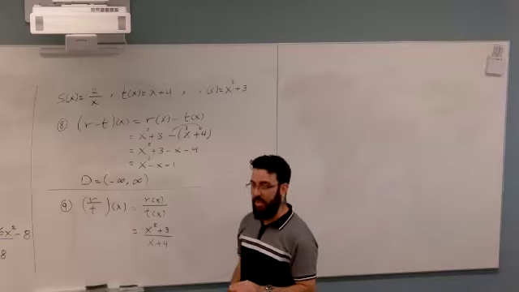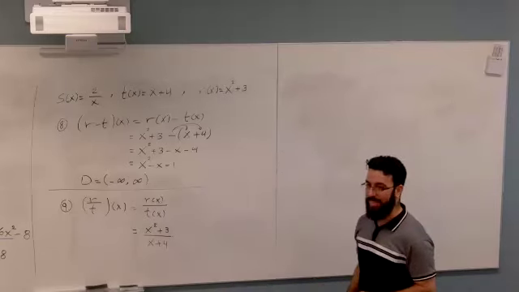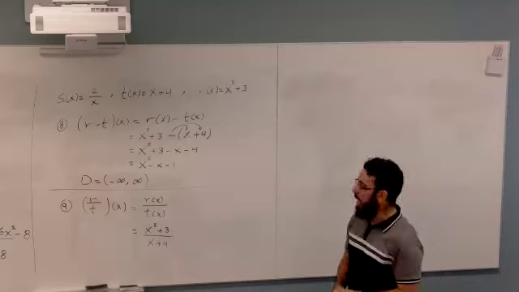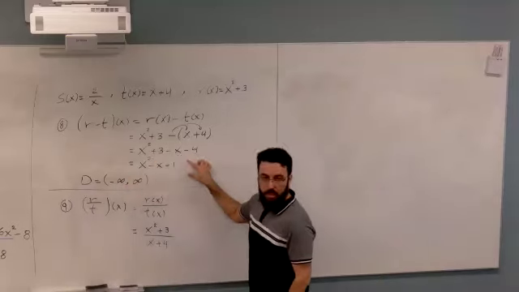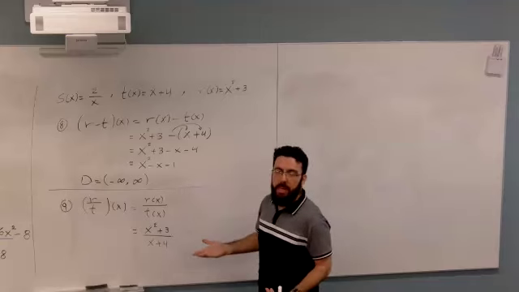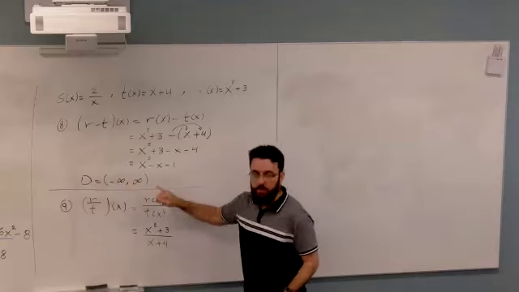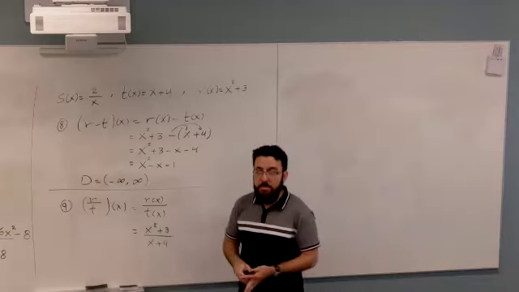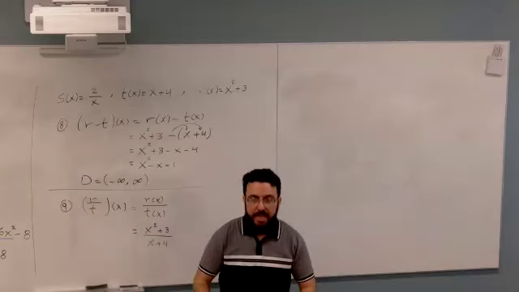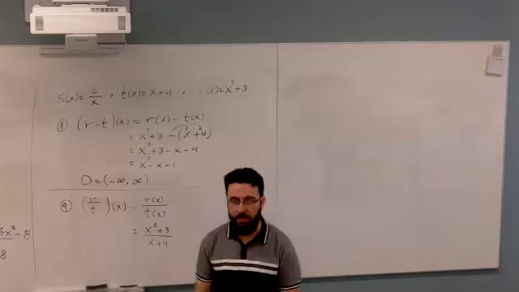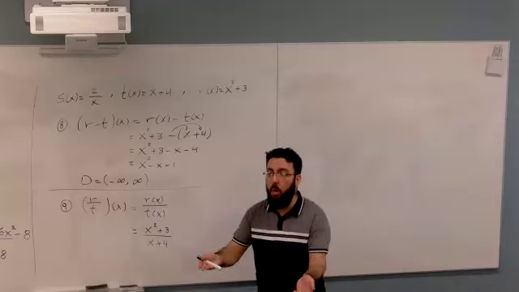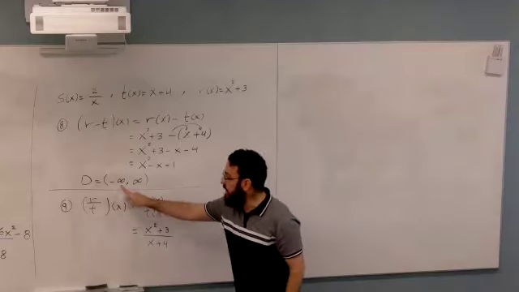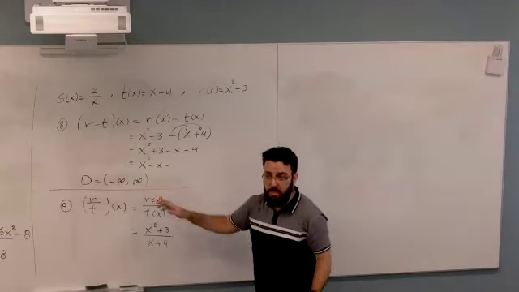Except negative 4. If you go back here, why are we saying the domain is from negative infinity to infinity? That means I can plug in all the numbers. It's going to be fine.